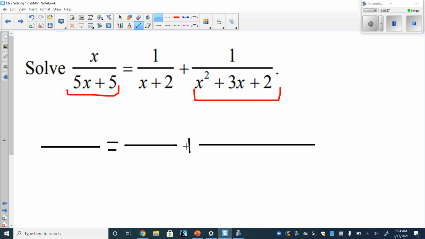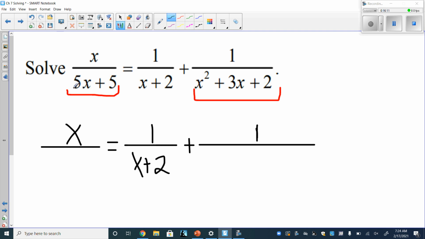And then we have a plus sign here in the middle. Now we look at the numerators, none of them are going to simplify, so we'll leave them as x, 1, and 1. And x plus 2 is not going to simplify. That's as simplified as it gets.